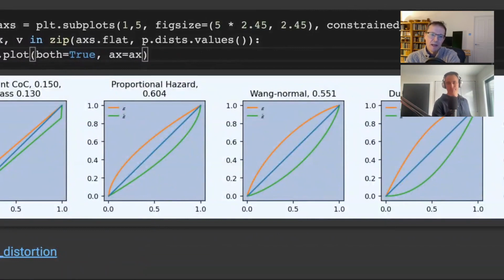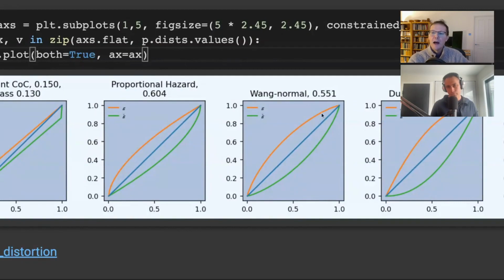It comes in pretty steep at 0, in fact an infinite slope at 0, and then going up, it's sort of skewed towards the small s range. Particularly when you compare it to the next one, the Wang one, which is much more symmetric, left and right. It's a very middle of the road kind of distortion.